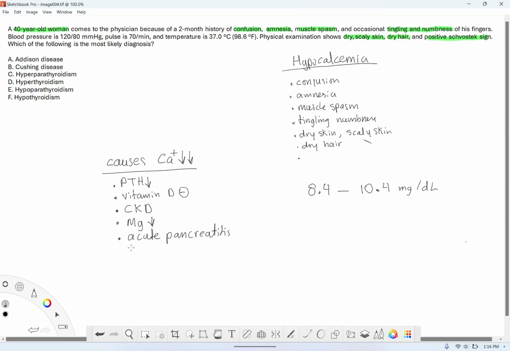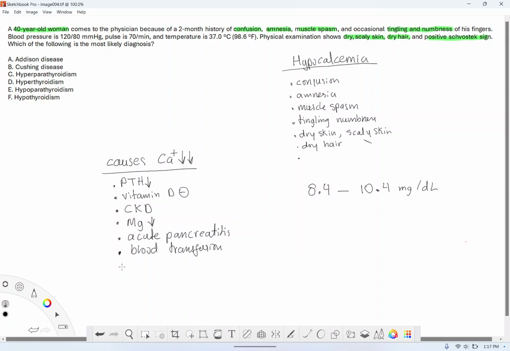You can also have acute hypocalcemia from blood transfusion. Blood has citrate in it, and the citrate chelates calcium, right?